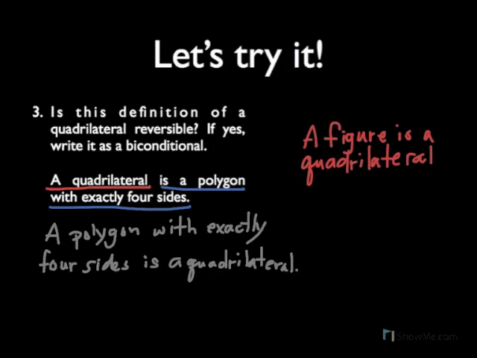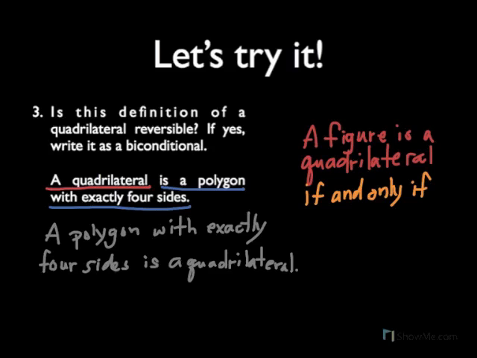I'm not introducing anything about the number of sides or that it's a polygon or anything like that. Now we are going to join our hypothesis and conclusion with the phrase if and only if. Remember that that is how we make our biconditional. And the conclusion is a polygon with exactly 4 sides.